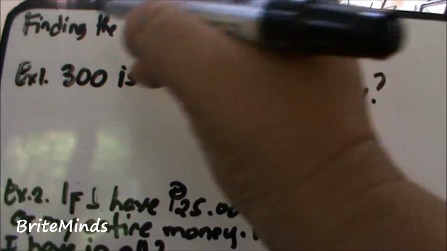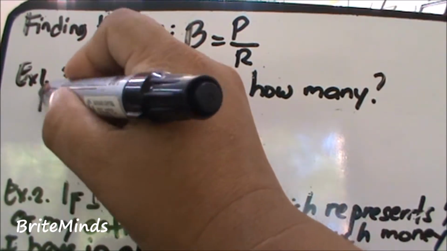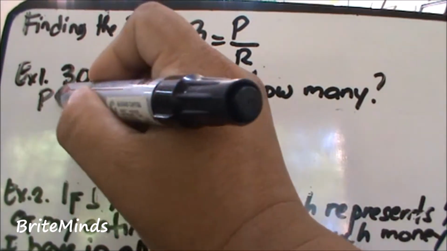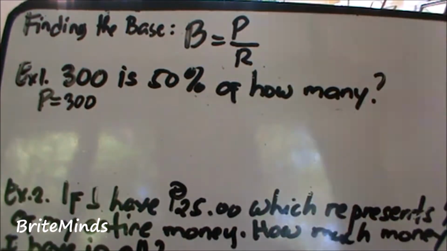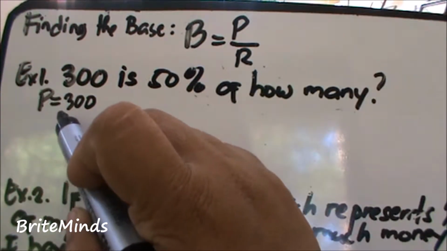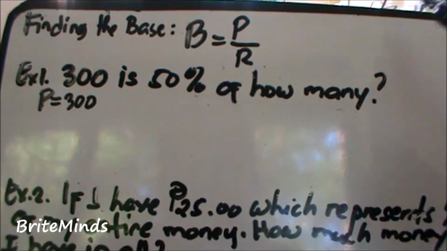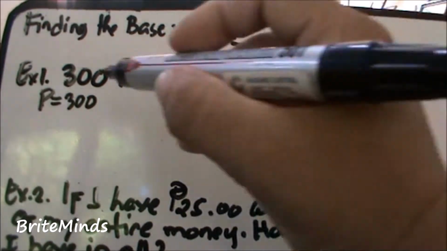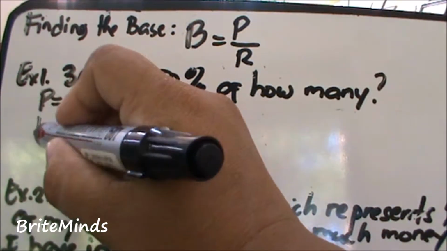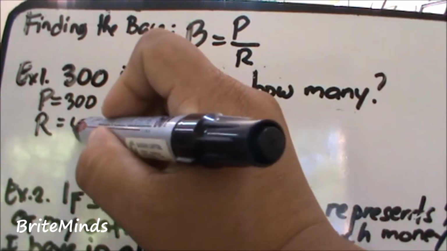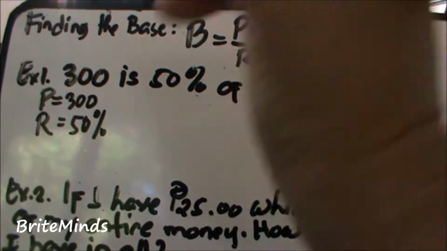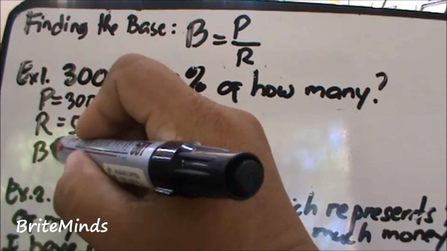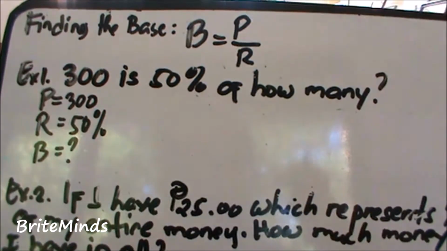So we have the percentage here, 300. The percentage represents the portion or part of the base, and the rate is 50%. So we need to find our base, which is unknown.